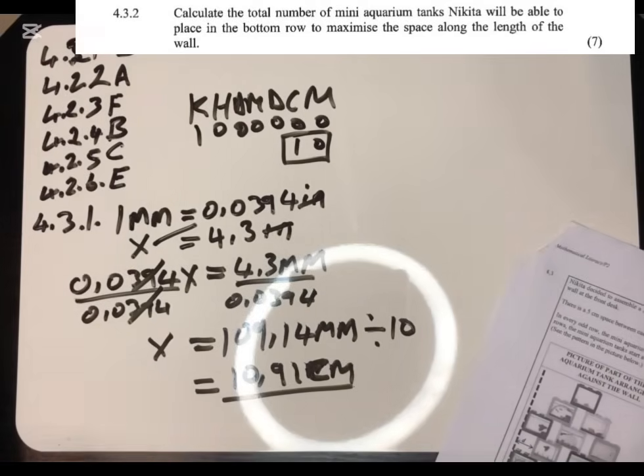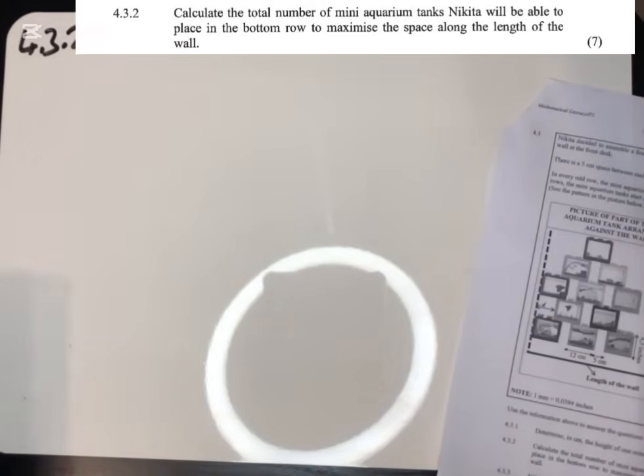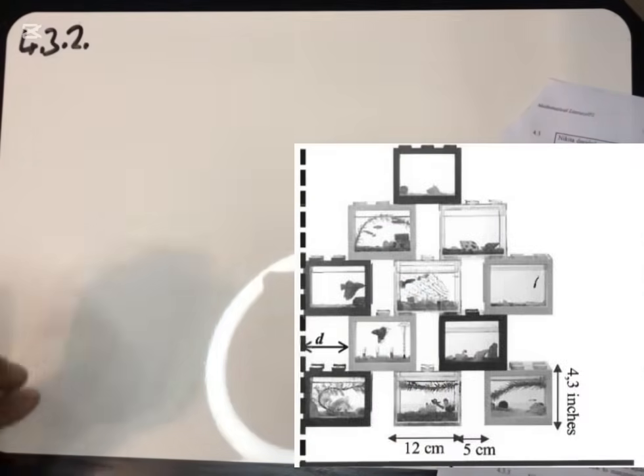The next question says calculate the total number of mini aquarium tanks Nikki will be able to place in the bottom row to maximize the space along the length of the wall. We are now dealing with packaging. Let's look at the length.